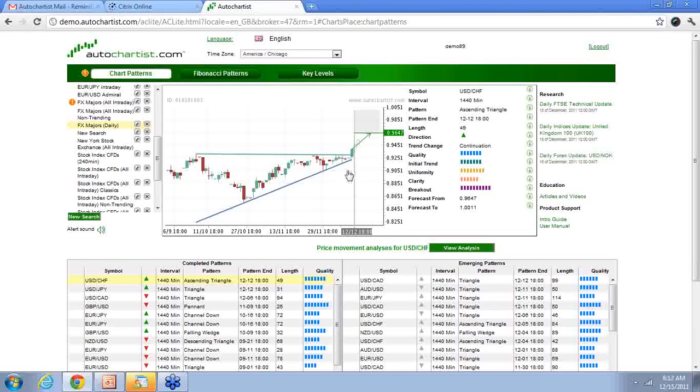Autochartist deals with the pattern aspect. So when I have a pattern, I want to make sure that there's volume and volatility behind it. That means that ahead of time, if you're a novice trader and you're not familiar with it, there are good time periods to trade and bad time periods to trade. As a market analyst, I'm a believer that there's no such thing as a bad pattern, just bad volatility.